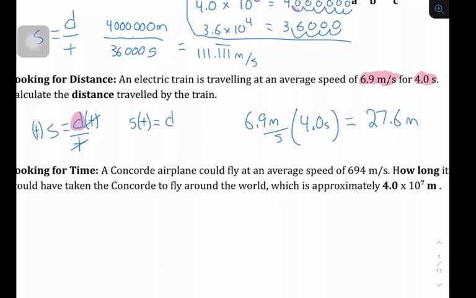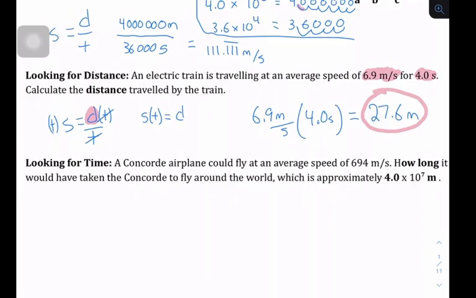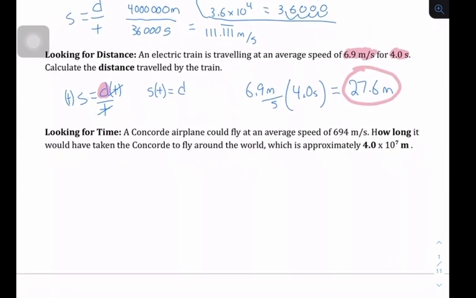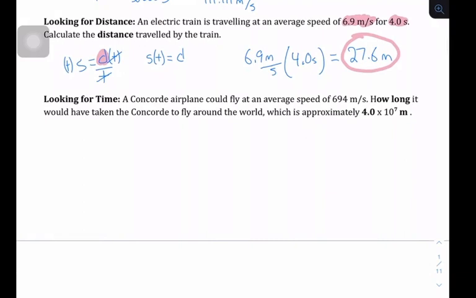Once again, you could have put these two numbers into your original equation and then done the algebra, or you could manipulate your equation before, but here is your answer. The last practice problem is where you're looking for time. You're given speed, you're given distance.